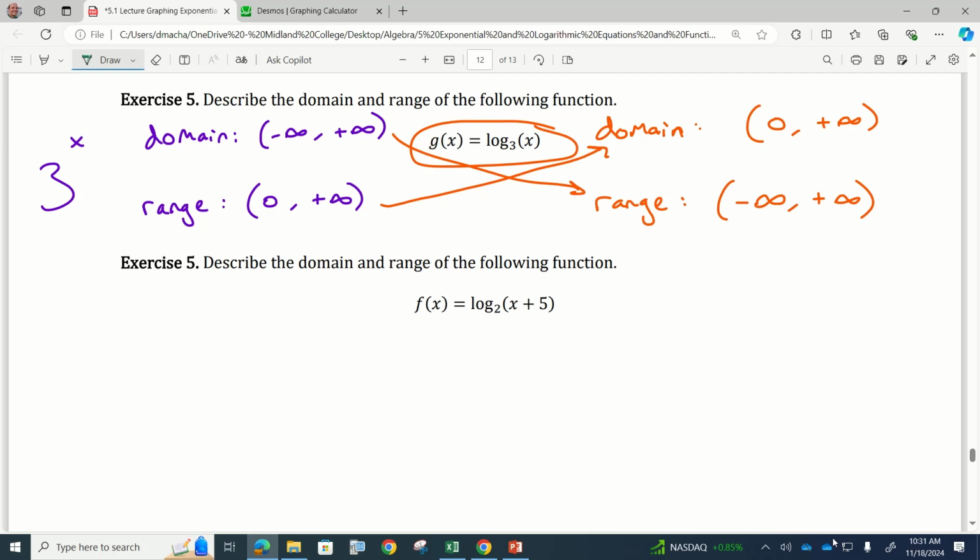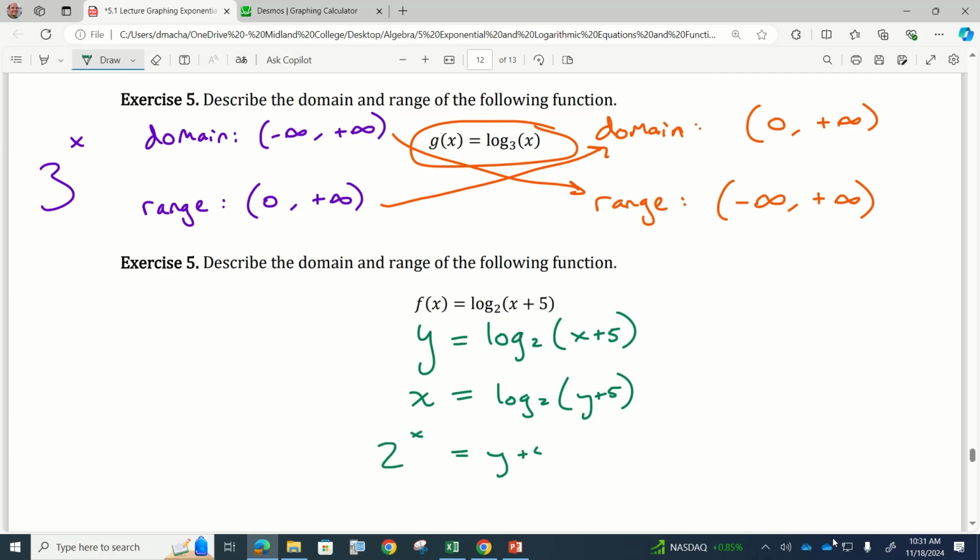In my next example, I would solve this by first finding the inverse function and then solving for y, right? Swap the x and the y and then solve for y. So this would be 2 to the x equals y plus 5, or y equals 2 to the x minus 5.